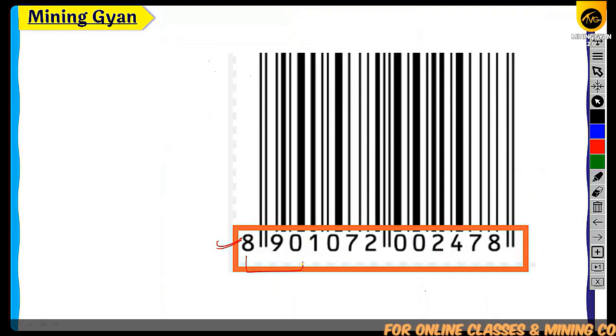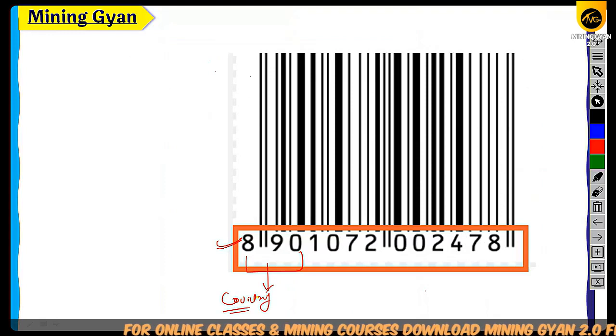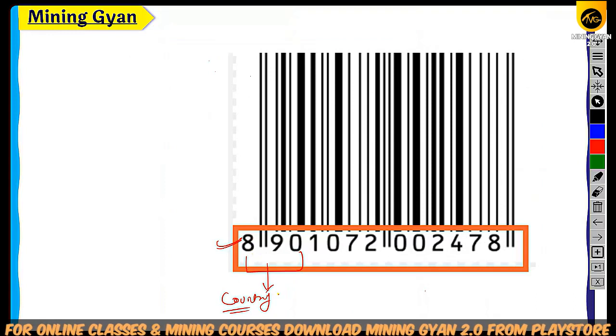The first 3 digits are the country code, which recognizes which country manufactured that product. So 890 is the country code of India, and 05 is the barcode for the USA.